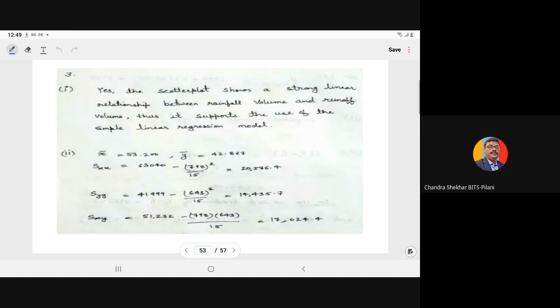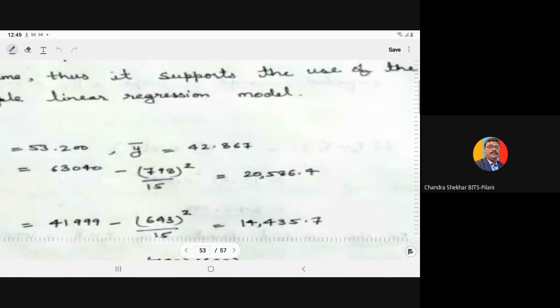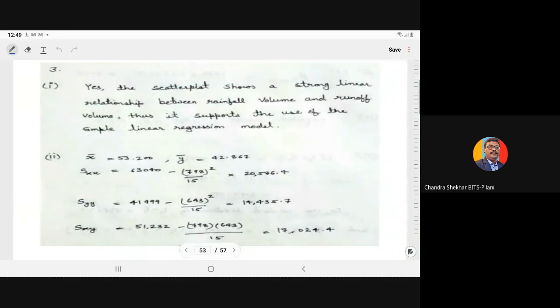So Sxx will come 63040 minus 798 squared upon 15, that you can determine from the given observations. So it is equal to 20586.4. Similarly, Syy will be 14435.7 and Sxy is equal to 17024.4.